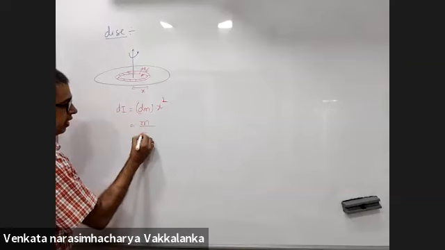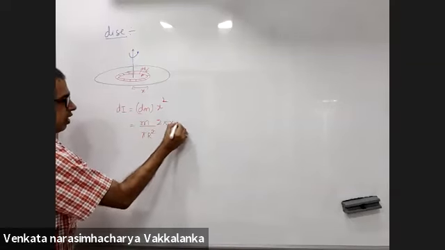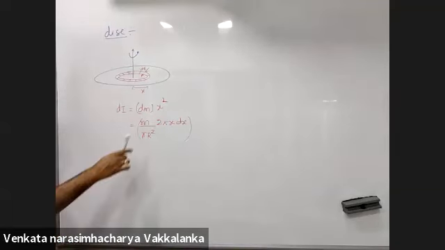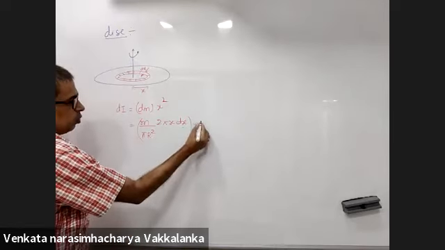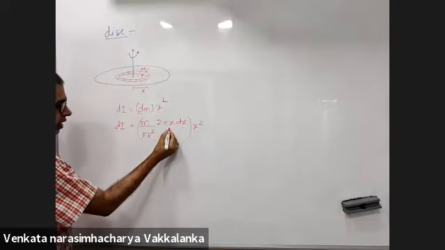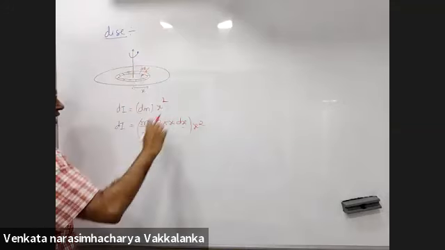Mass per unit area, M by pi r square, into area of the ring. Area of the ring is length into breadth: cut the ring and make it straight, length into breadth.